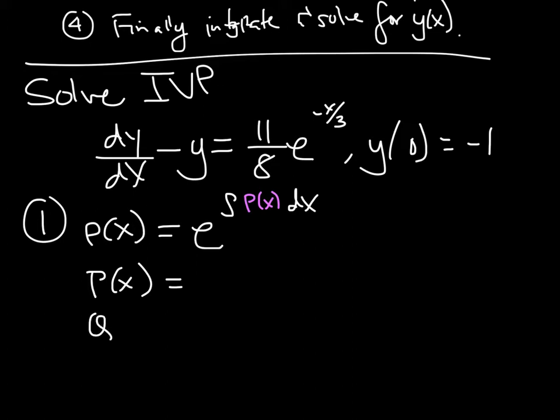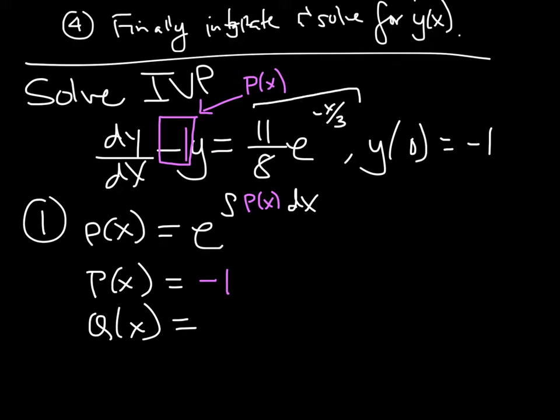What's our p of x and q of x since our ODE is linear? Well, my p of x looks like it's -1. It's right here. My p of x is always that function in front of y. And then my q of x, this guy is my q of x: 11/8 e to the negative 1/3 x.